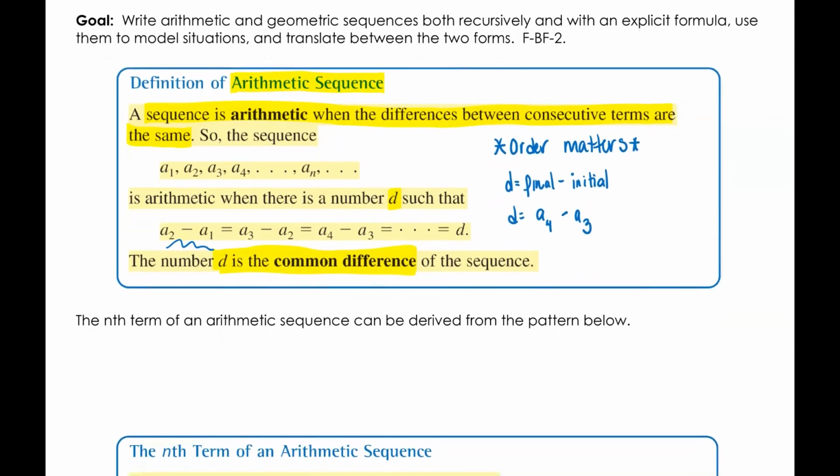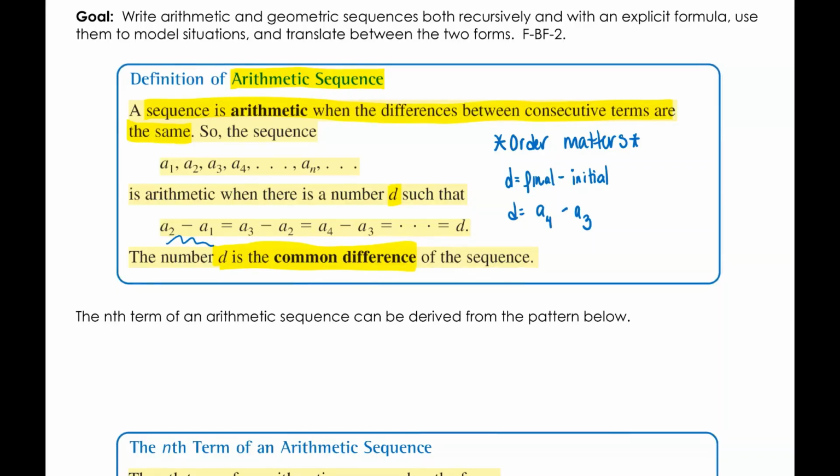Now, all sequences and series that are arithmetic are linear. That means the explicit formulas for these are going to be y equals mx plus b.